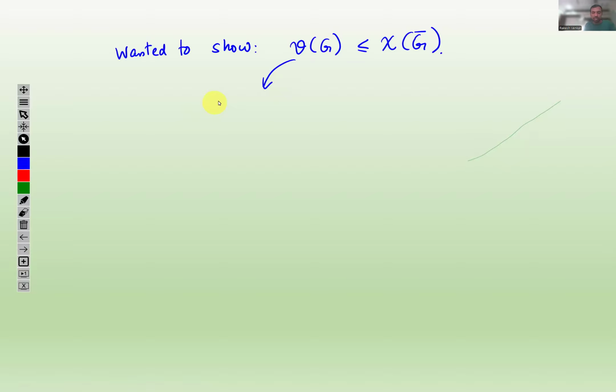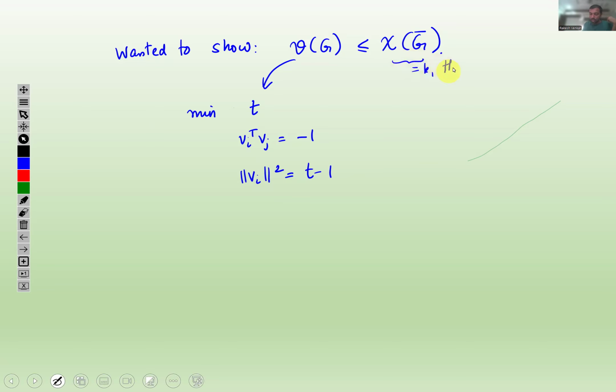Well, it was this minimization such that Vi transpose Vj is equal to minus 1, and norm Vi squared is equal to t minus 1. So this was the optimization problem over the vectors Vi. We had shown at least half of the fact that this is equivalent. And we said that because chi of G is equal to k, it has a vector k coloring.